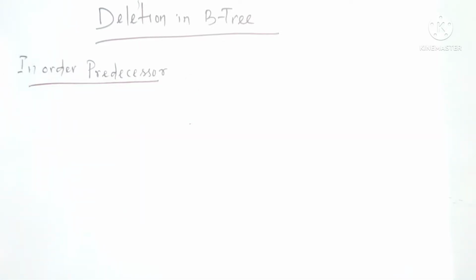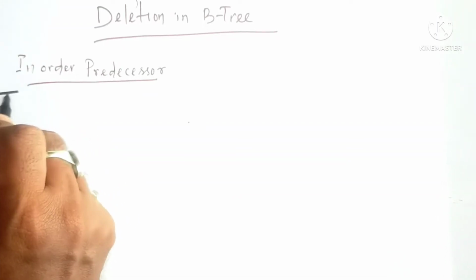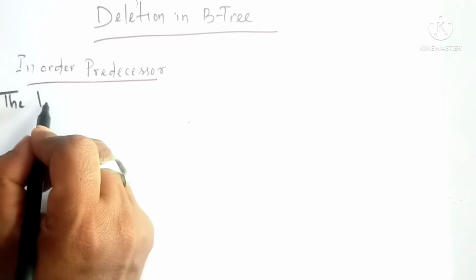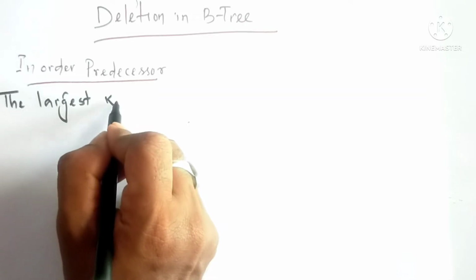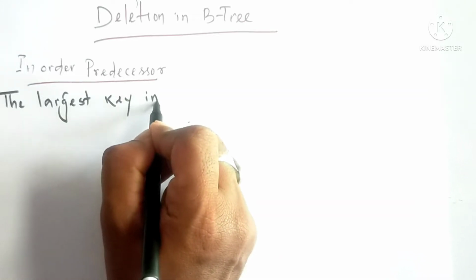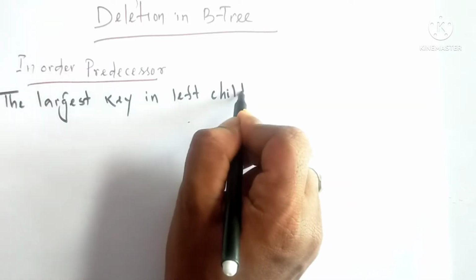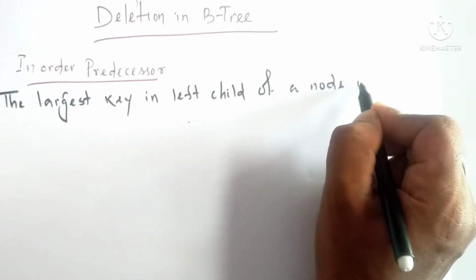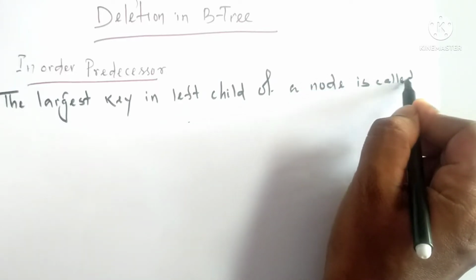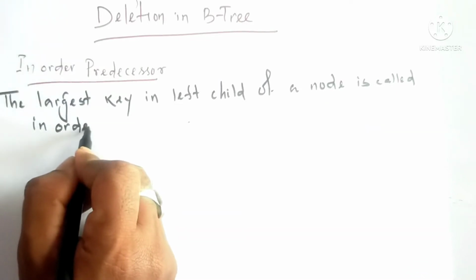The largest key in the left child of a node is called the in-order predecessor.